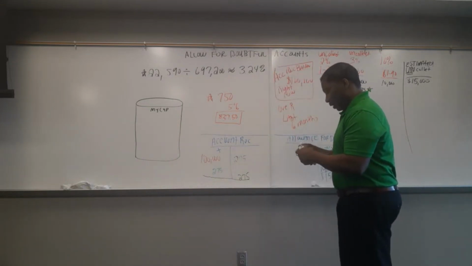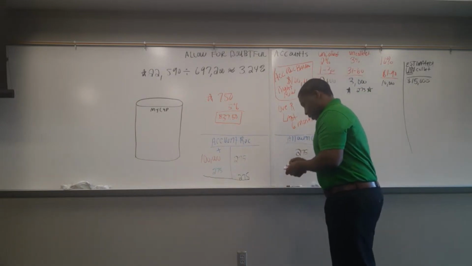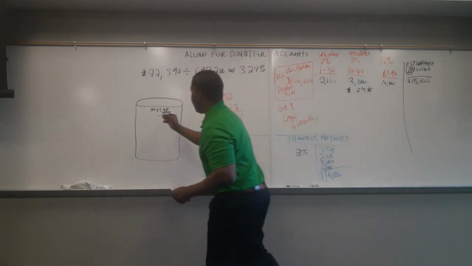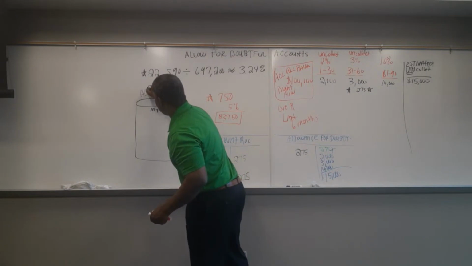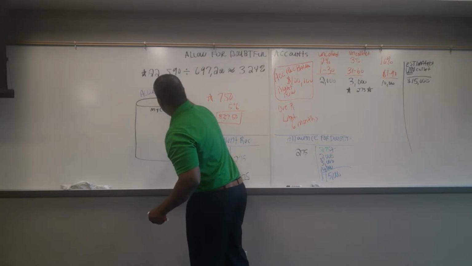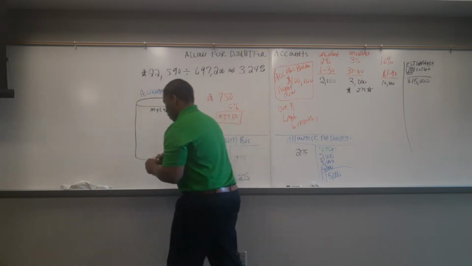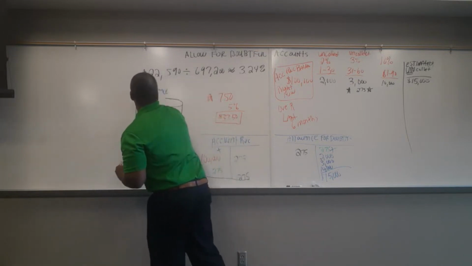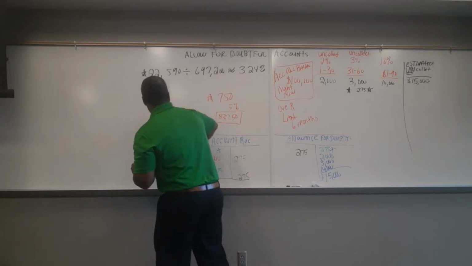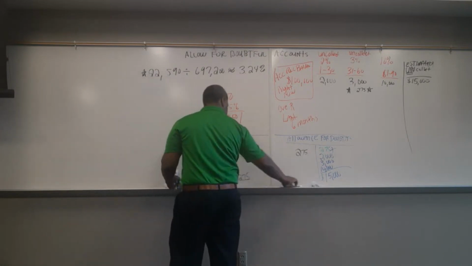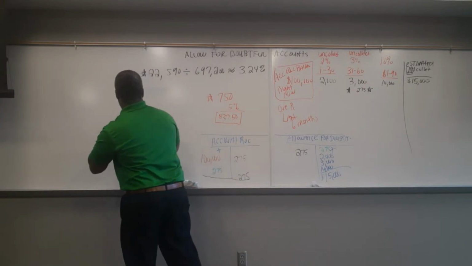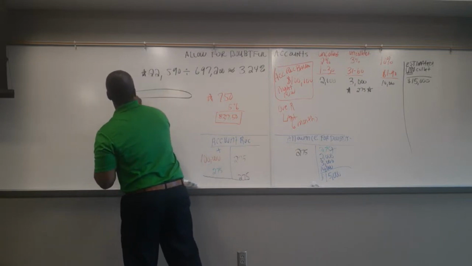Now, $15,000. We expected that we were not going to collect $15,000. This is my allowance for doubtful accounts, okay? So, let me write this a little bit bigger here. Same picture, just a little bit bigger.